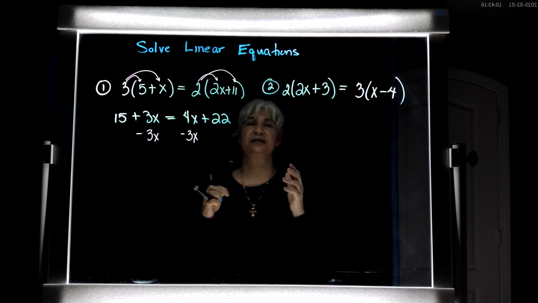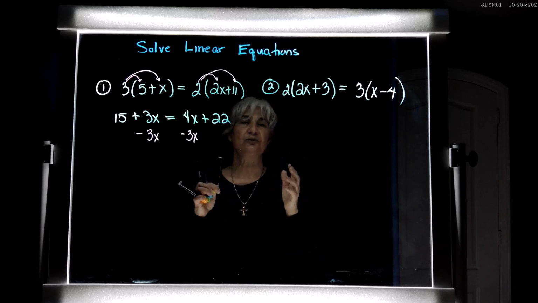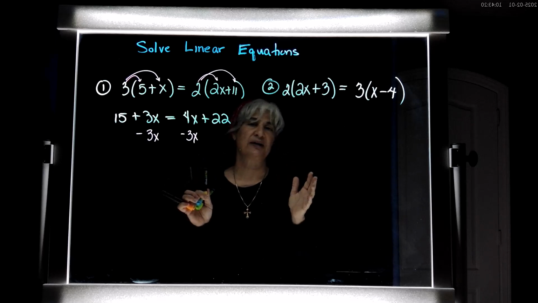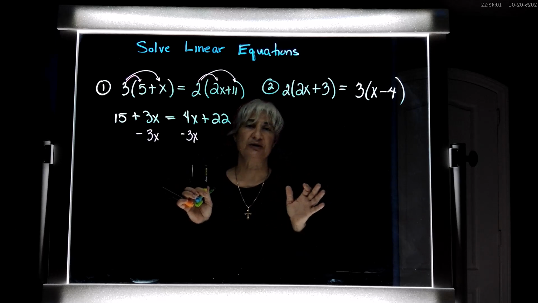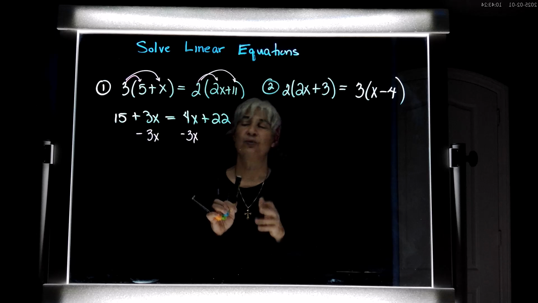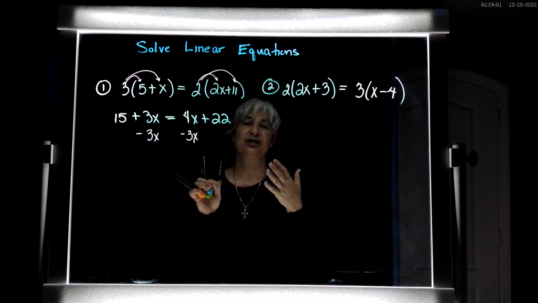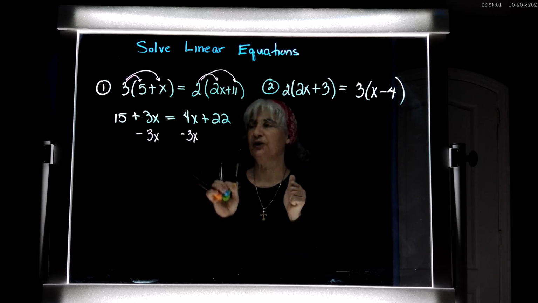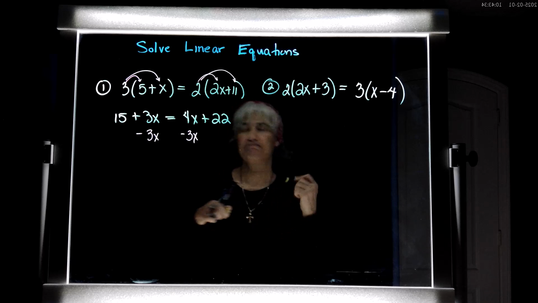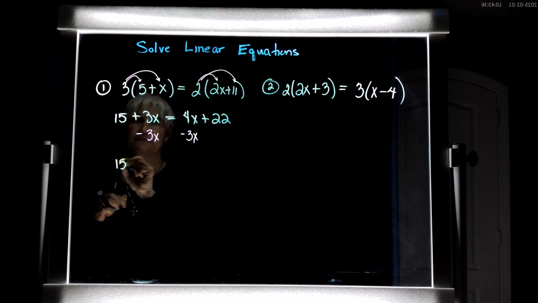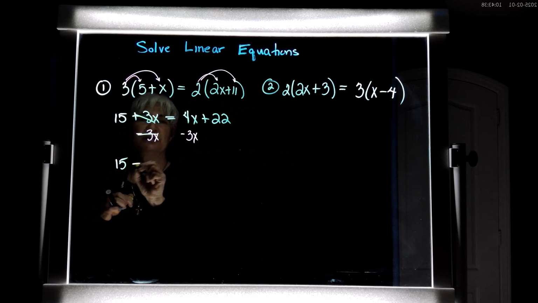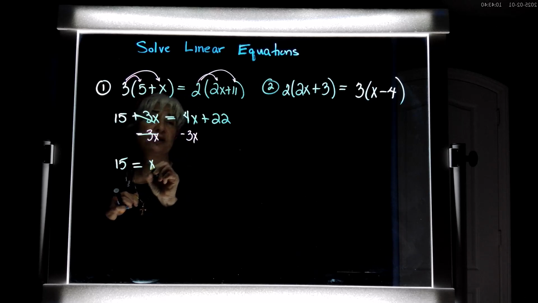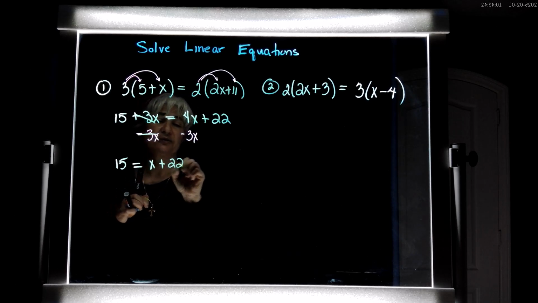It allows my brain to be able to deal with x either on the left or the right without having any issues whatsoever. And this is why I suggest that you train your brain to be okay with the variable being on the right side, all right? Okay, cool. So what remains? 15 equals, this is just 1x now, plus 22.